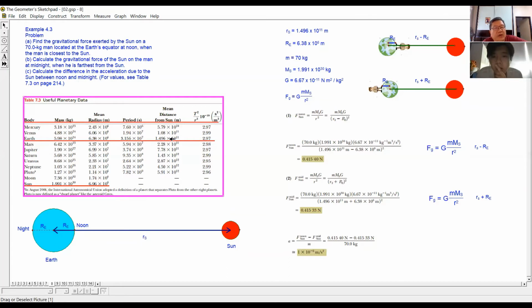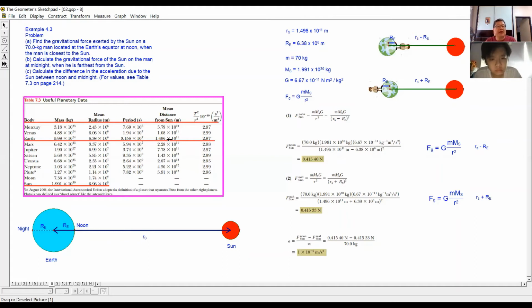This one we want to know. The distance between the sun and the earth is 1.496 times 10 to the power of 11. Now this distance is between the center of the earth and the center of the sun.